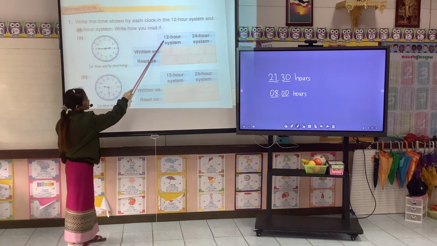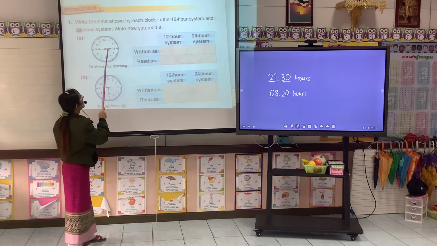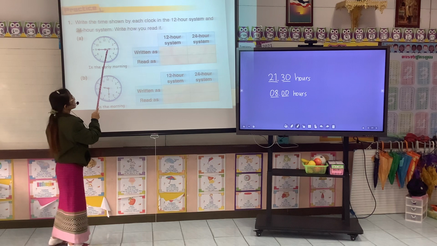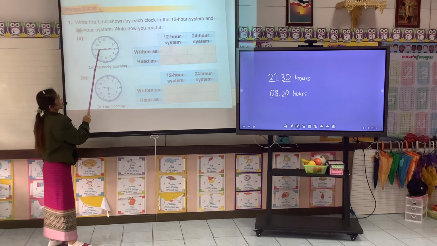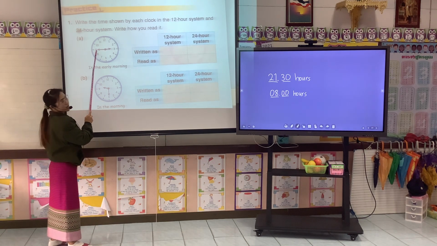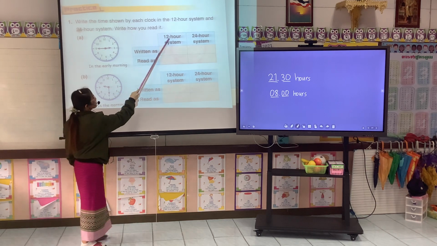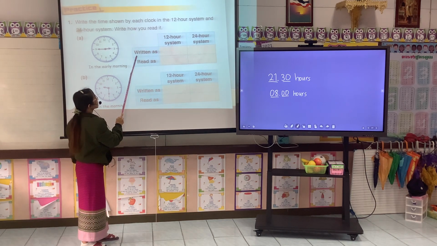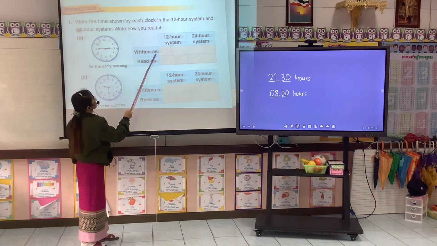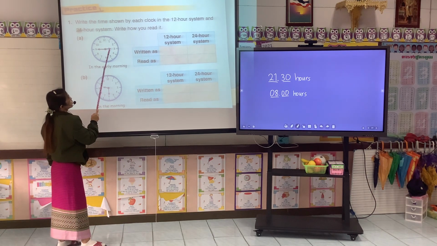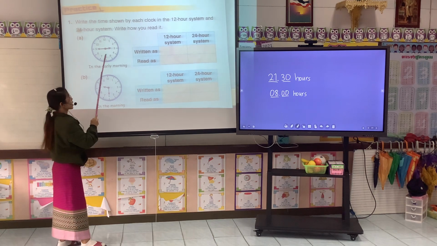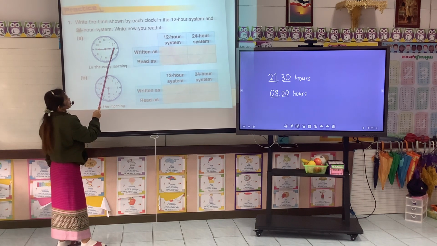Okay, first the 12-hour system. The hour hand is pointing at, is still 2. It doesn't reach 3 yet. Okay, and the minute hand points at number 9. So in the 12-hour system, how do we write? Written as 2:45. Okay, it's 2:45.